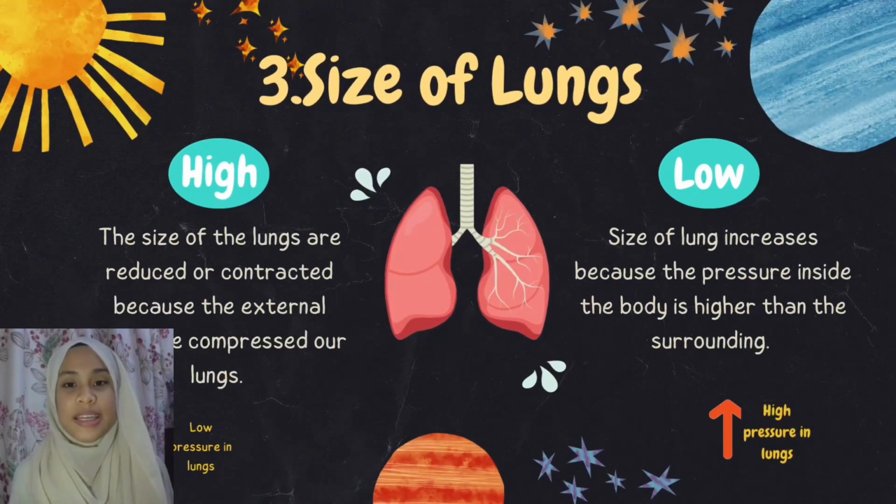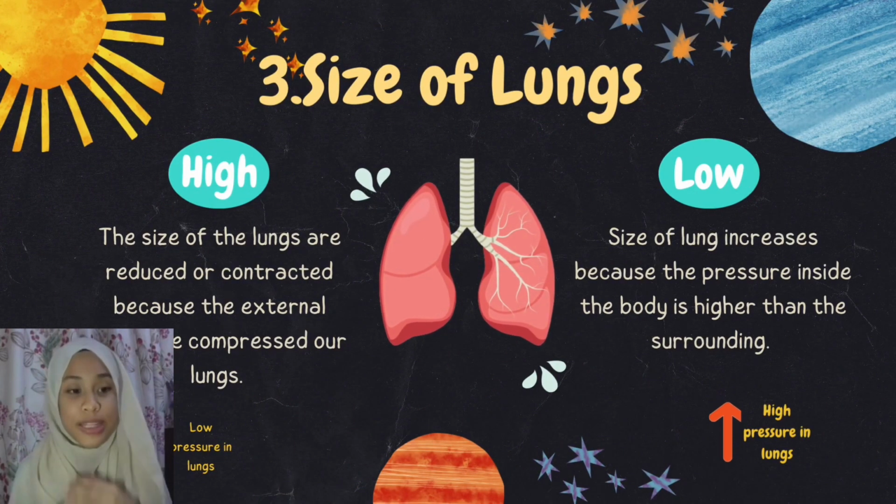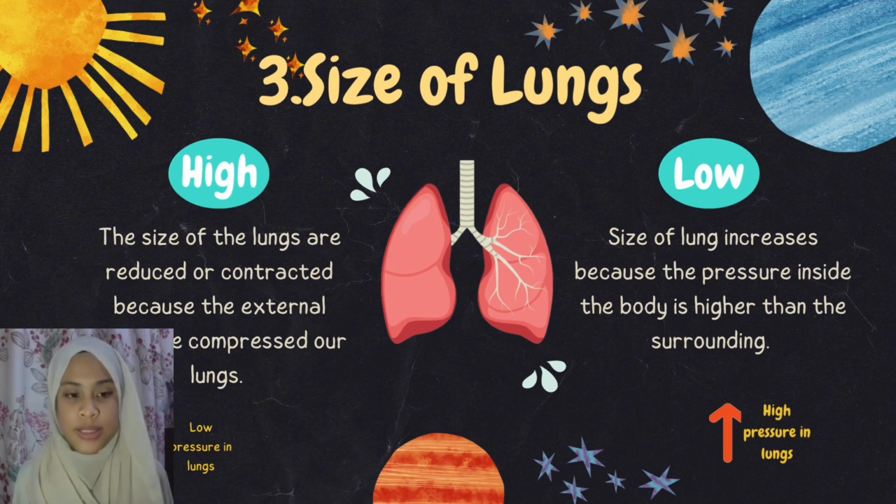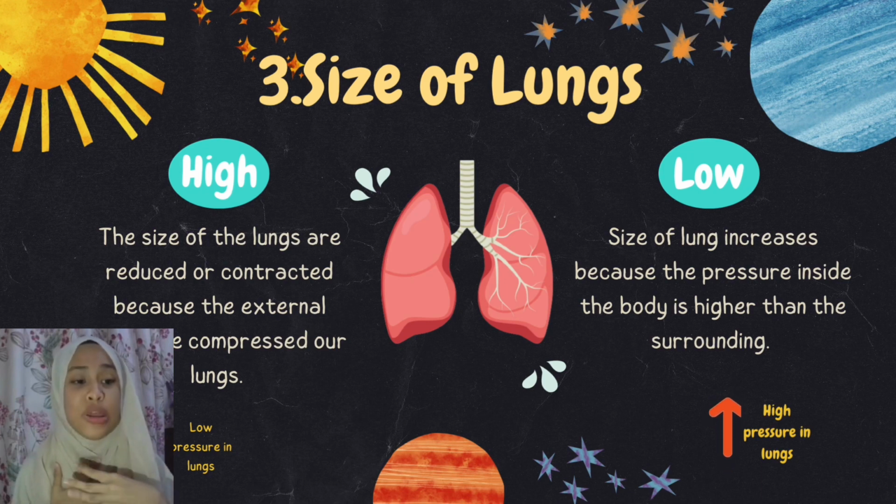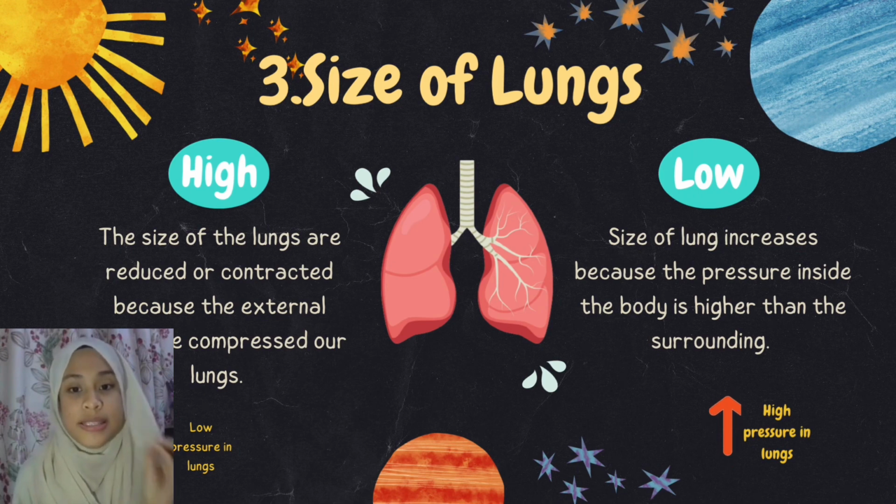Alright, next is the size of the lungs. So during high gravity, the size of the lungs is reduced or contracted because the external pressure compresses our lungs. So in our lungs there will be low pressure, and outside our lungs there will be high pressure that will compress our lungs and they will become smaller. During low gravity, the size of the lungs increases because the pressure inside the body is higher than the surrounding.